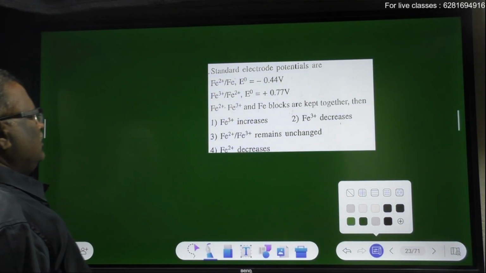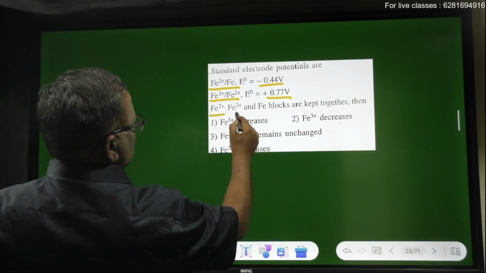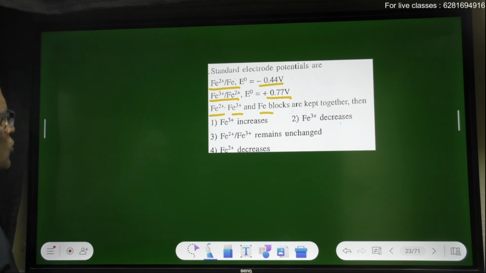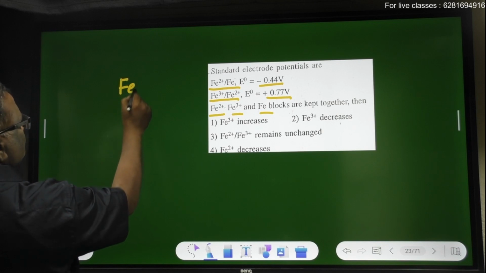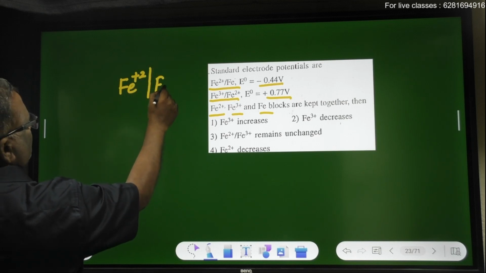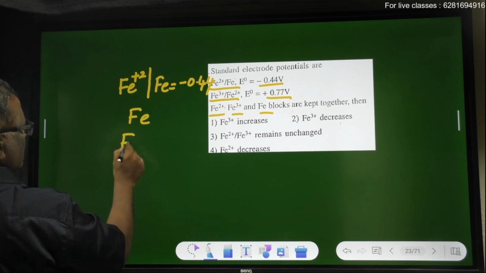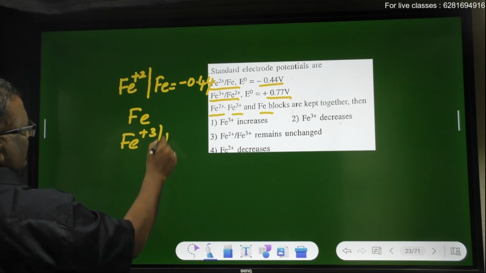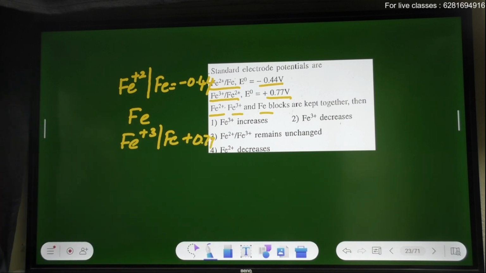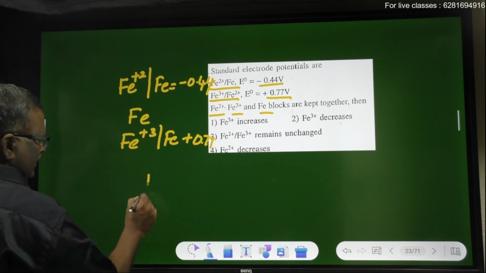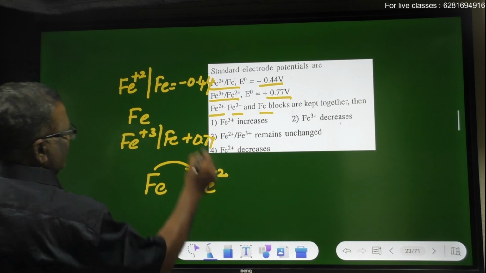Standard electrode potentials for Fe plus 2 and Fe is minus 0.44, and Fe plus 3 to Fe plus 2 is plus 0.77. When Fe, Fe plus 2 and Fe plus 3 are kept together, Fe has the tendency to convert into Fe plus 2 because its reduction potential is a negative value.